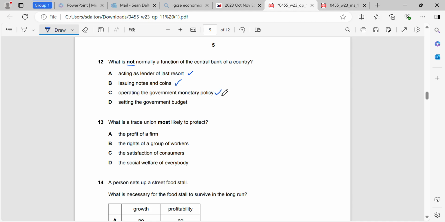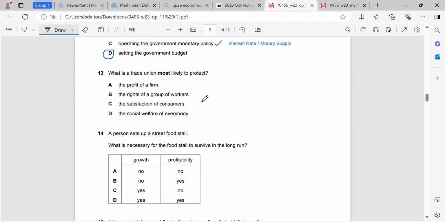Yes, they do, because they change the interest rates, as an example. Right? Interest rates and the money supply. Those two policies start with the central bank and finish with the commercial banks. They do not set the government budget. That is done by the government, obviously.